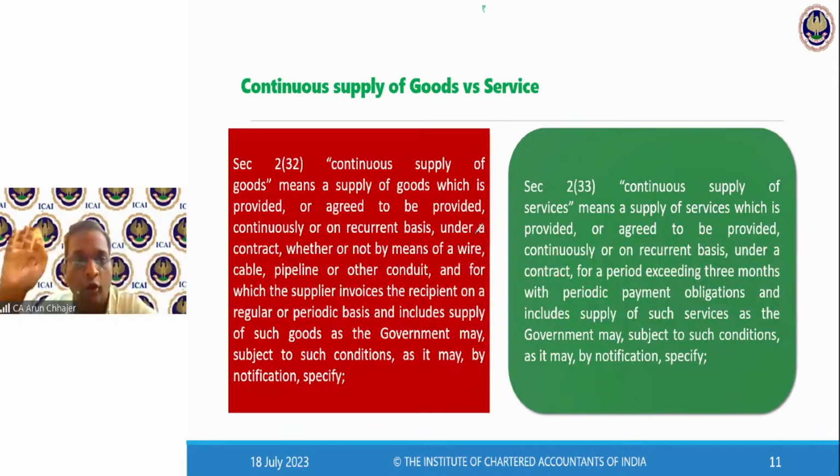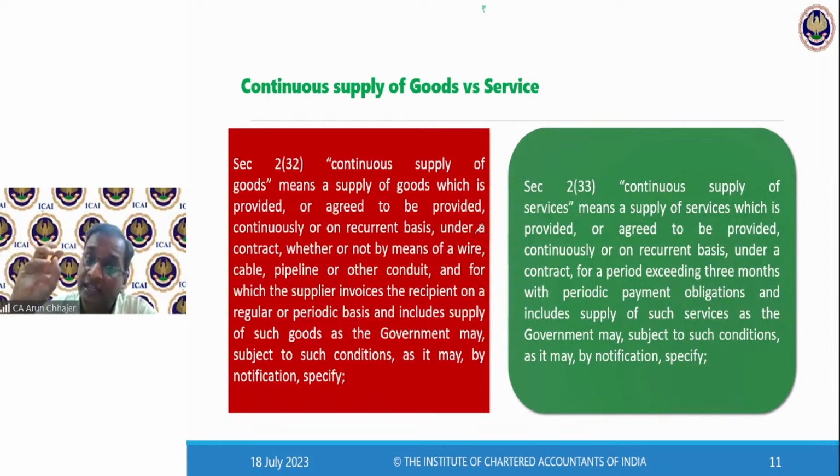Continuous supply of goods or services. For example, let's say on daily basis, Mr. A is making the supply of the goods at your location. And there's a contract that he has to deliver the goods for 10 days, 15 days, 1 month, 2 months, whatever. It is called as continuous supply of the goods. Then question comes, what is the last date for the continuous supply of the goods? We'll discuss.